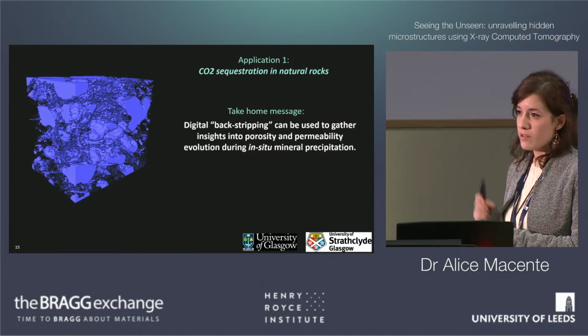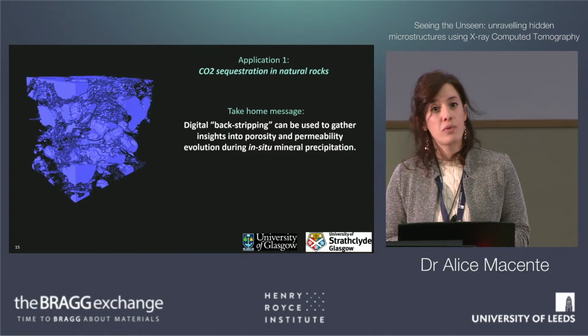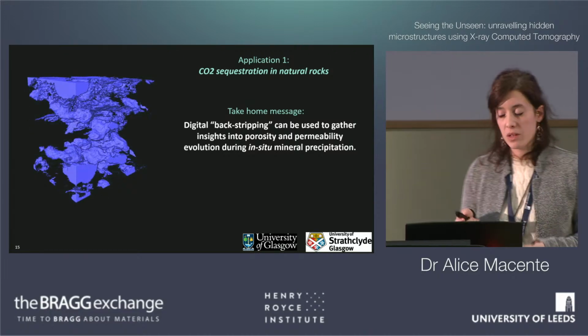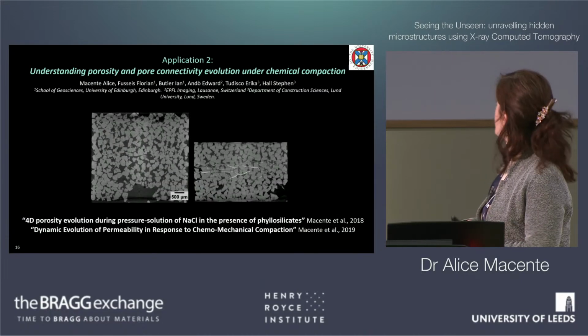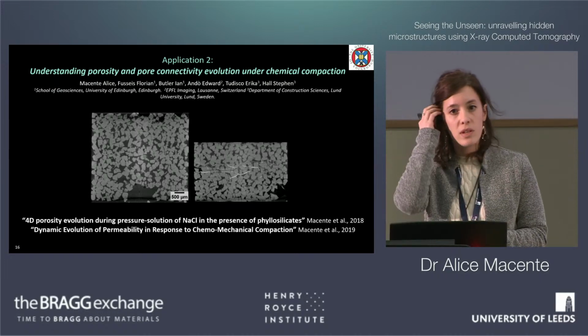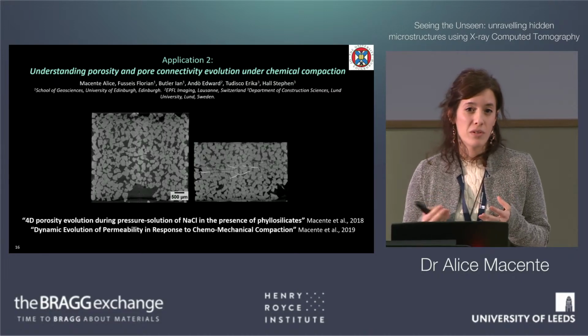So that's one way to use XCT. The other way is to actually try to reproduce a process in the laboratory. And this brings me to the second case study. This is a study I did during my PhD, in which I was trying to reproduce a geological process in a laboratory setup.